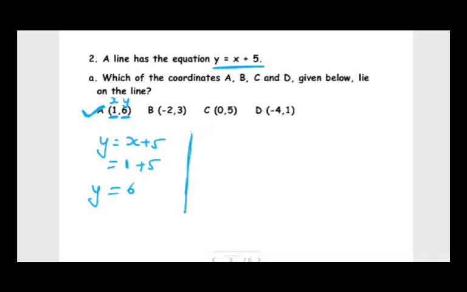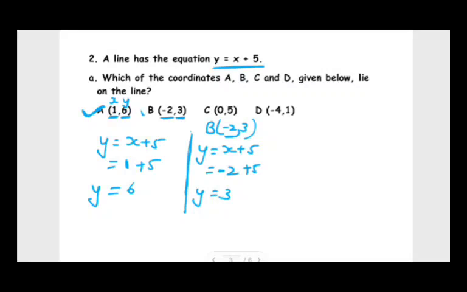Let me see if B also fits into the equation. So y is equal to x plus 5. Instead of x, I'm going to put minus 2, plus 5. My y value is 3. Yes, my y value is 3.